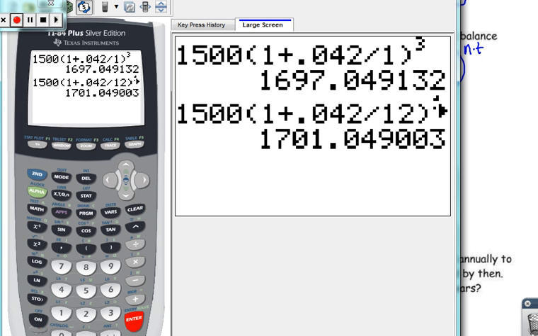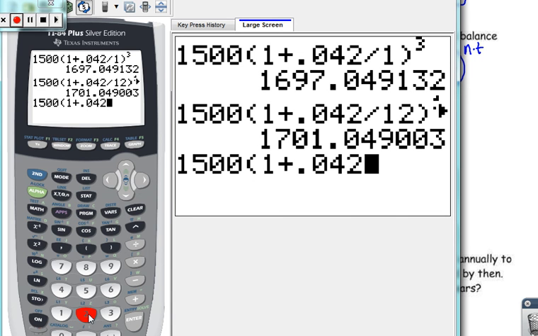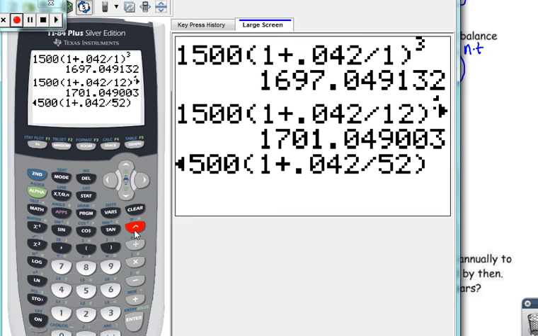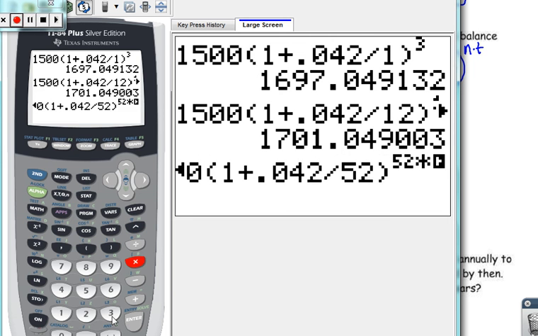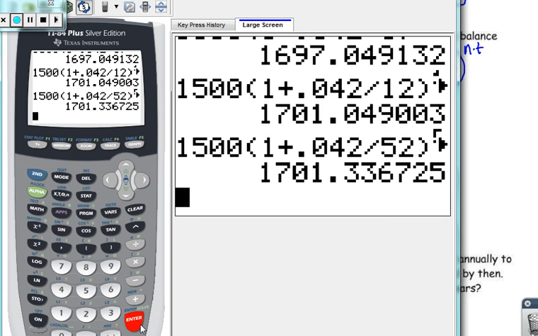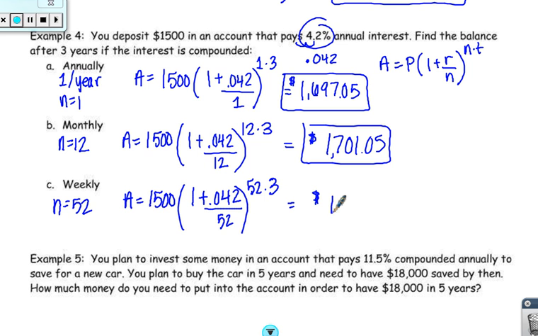Typing this in, 1,500 times (1 plus 0.042 divided by 52) to the 52 weeks times 3 years. Now I have $1,701.34. So not a big change to go from monthly to weekly, but still more money than what I had, okay?